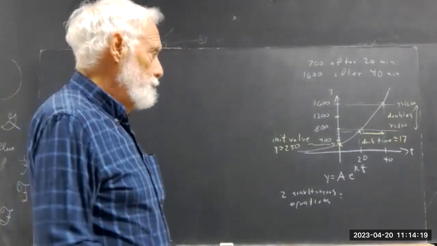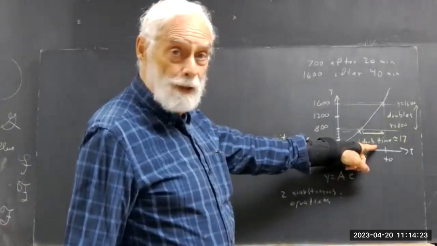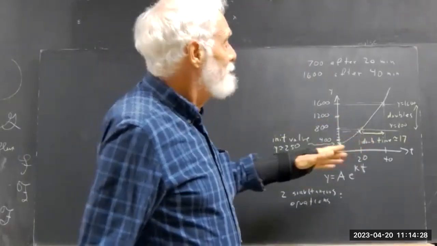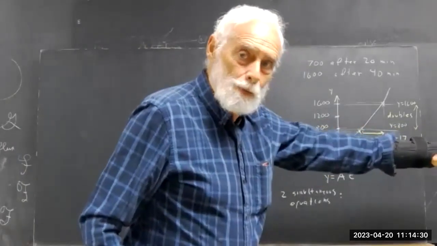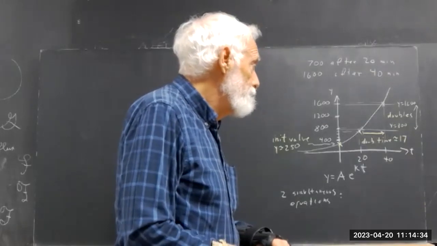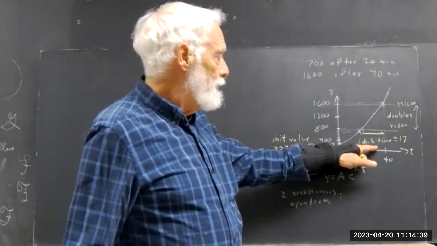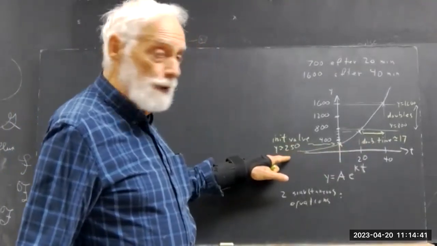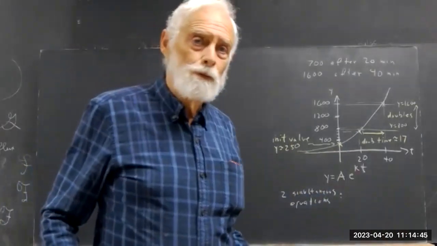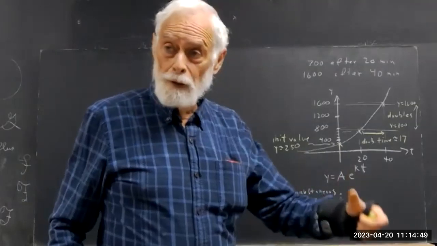And we can't really do a graph on a scale that allows us to do a decent estimate of doubling time and initial value, and also get the 120 minutes or the population of 10,000. So if we get a model that gives us the doubling time close to 17, initial value close to 250, then we can feel pretty good about the model, and we can expect that it'll give us pretty good estimates.